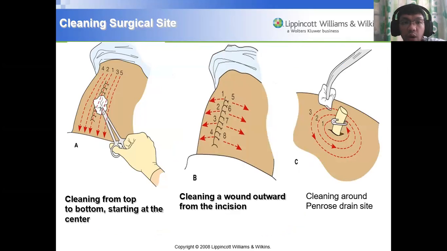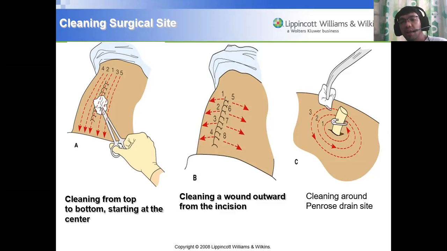And when you are cleaning the wound, you can clean from top to bottom, starting from the center. Center first, and then the sides, eventually until the farther sides of the incision. Or you can clean the wound outward from the incision. So you start at one side, one, two, three, four, and then the other side. So outward.